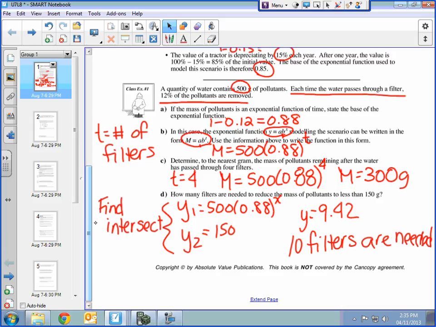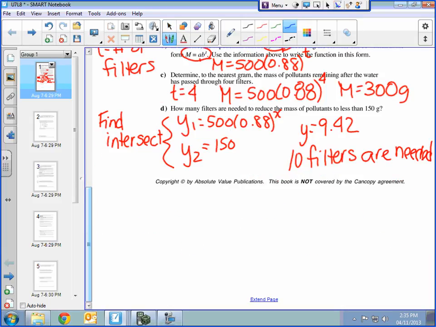Let's do this really quick algebraically, so you guys understand how you would do it. You don't have to write this down, just follow along, okay? So if I have 150 equals 500 times 0.88 to the t, we're solving for t. Divide by 500. Yep, divide by 500, good. What's 150 divided by 500?